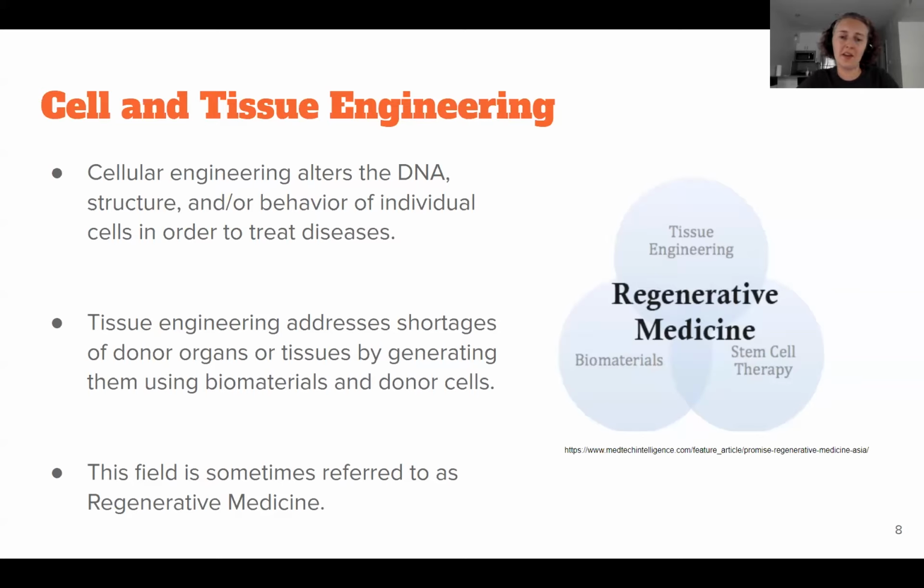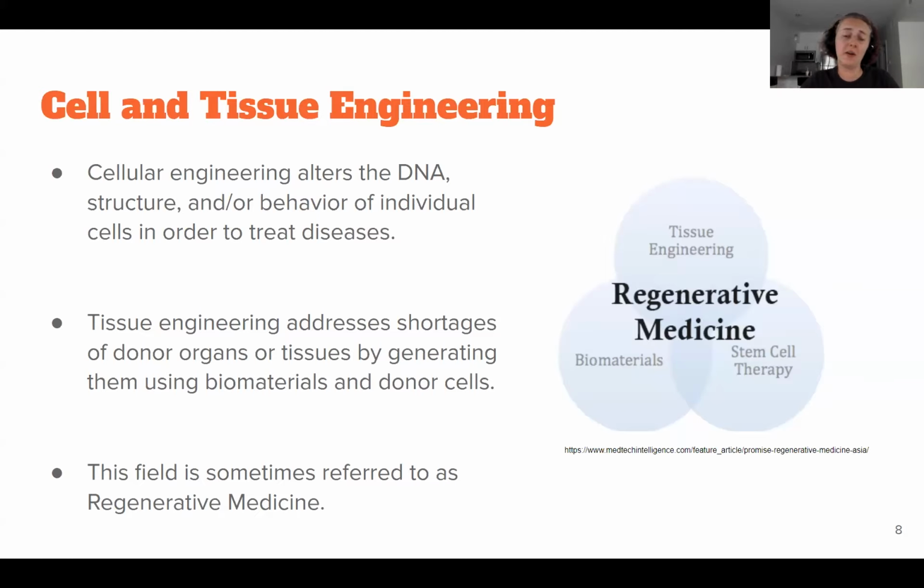Tissue engineering, on the other hand, again, instead of focusing on the individual cellular level, we're focusing on an entire piece of tissue, whether that's a piece of tissue like the skin, or even an entire organ. Tissue engineering has also been explored in the context of entire organs like tissue engineered eyes or tissue engineered hearts. And basically the main goal of tissue engineering is to address shortages of donor organs.